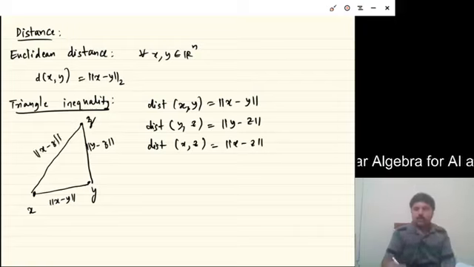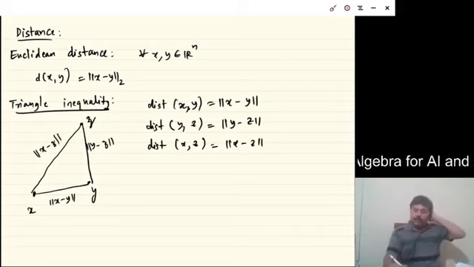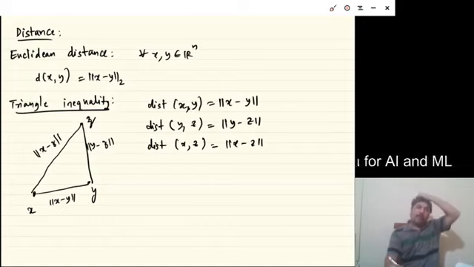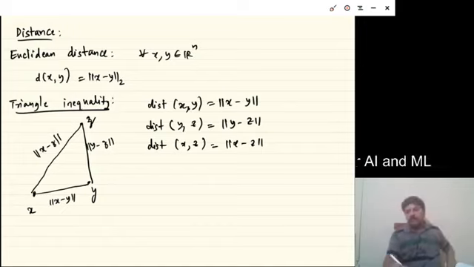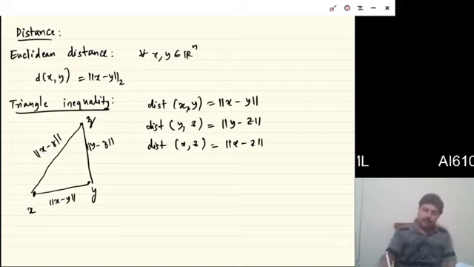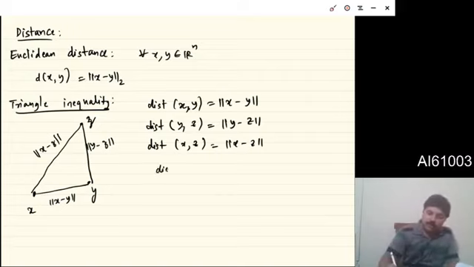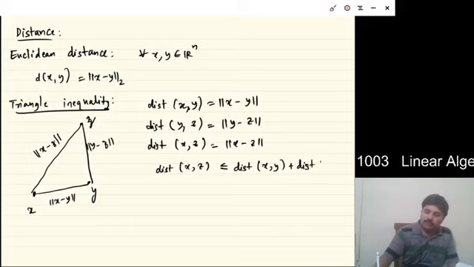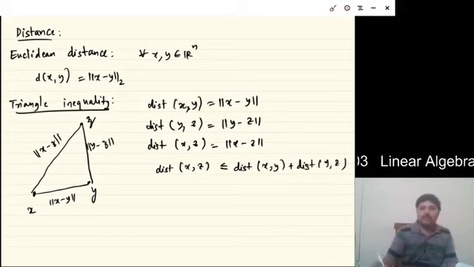And what we really know is that if you directly travel from x to z along the straight line, then that distance is always less than or equal to the distance that you will travel to go from x to y in a straight line and y to z in a straight line. That's the triangle inequality. So it's saying that distance between x and z is less than or equal to distance between x and y plus distance between y and z.